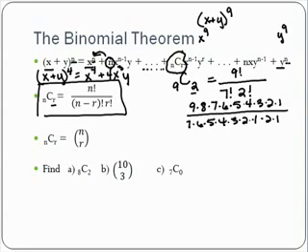What happens when you're multiplying is that all of these reduce from 7 on down. So I actually end up with 9 times 8 over 2 times 1. And I can even reduce by 2. So I just have 9 times 4, or 36.